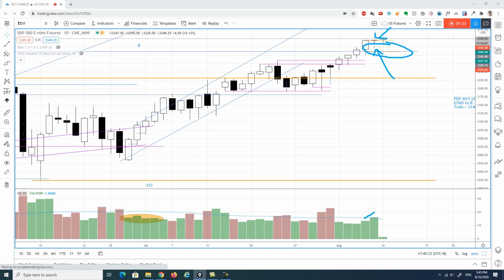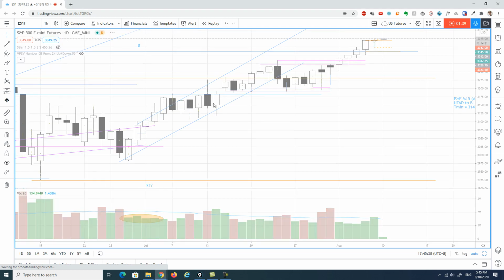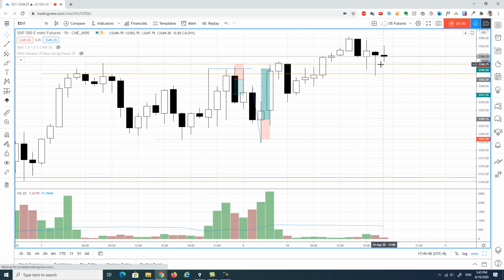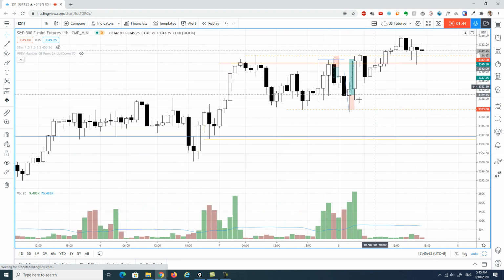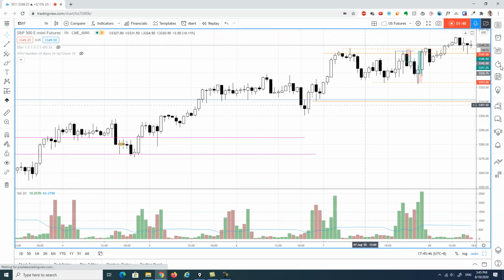Let me just get down to the hourly time frame and we can look into the detail. If we focus on last Friday's hourly chart here, first of all, we can see that just prior to the US session, we actually had one attempt to turn down during the non-regular trading hours. That's from the Asian session.